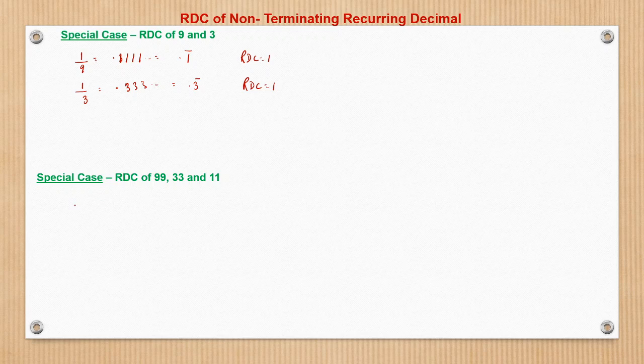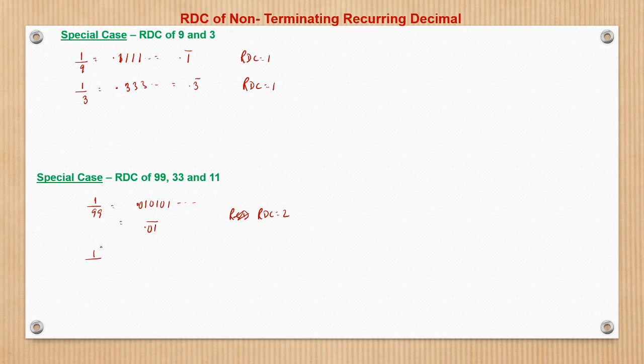Now see what would be the special case of 99. So 1 upon 99, 1 divided by 99 gives me 0.010101, and so on. So this is 0.01 bar, right? So RDC here is 2.